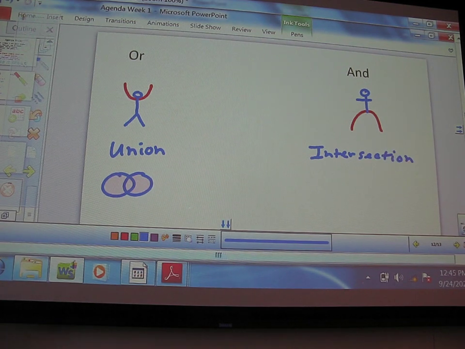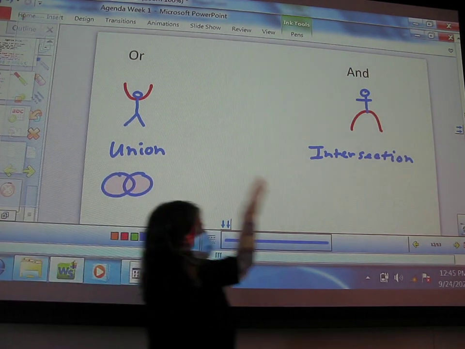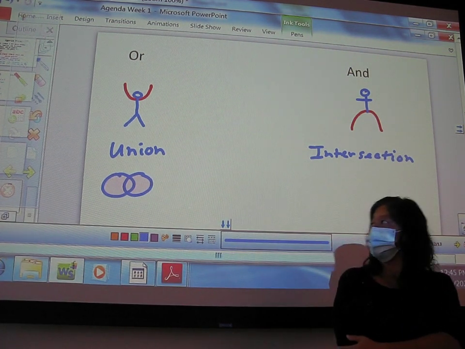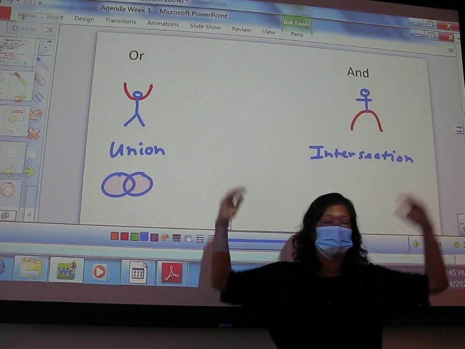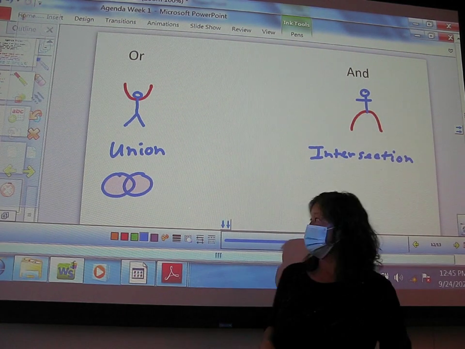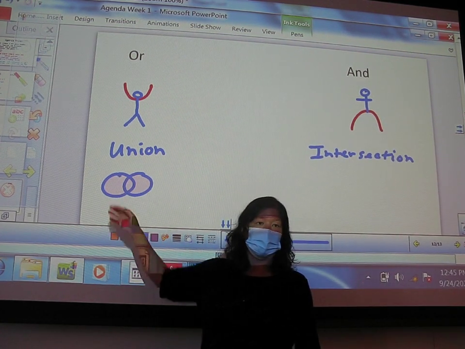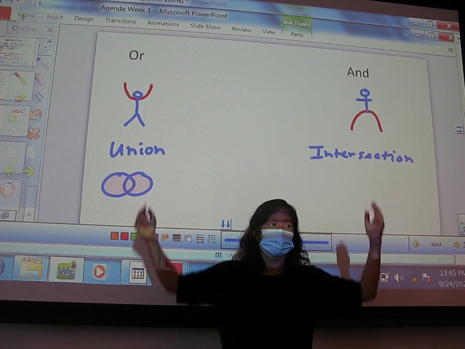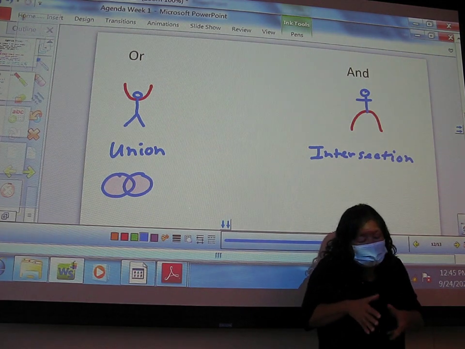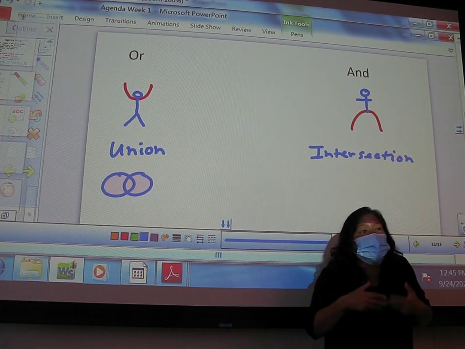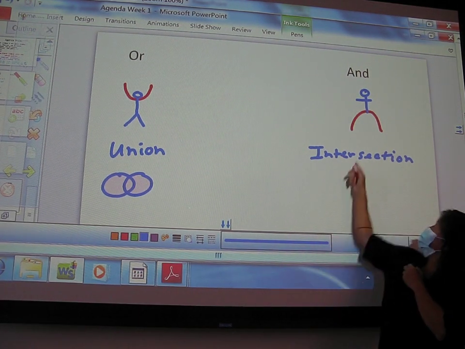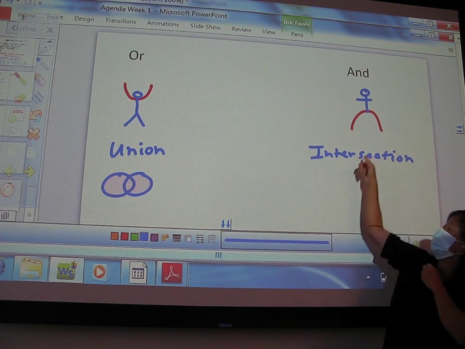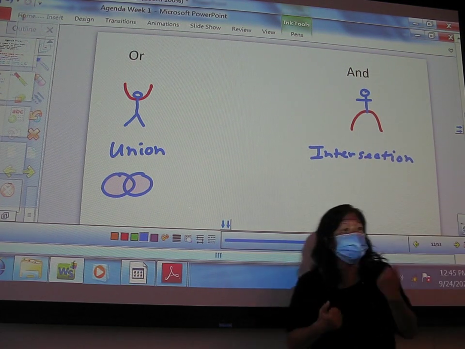Okay. So that's why it's important to kind of delineate these, because people get them mixed up all the time. They keep thinking that or means and, because it means both. Or really means both, the union. And is actually a little more restrictive. It means you have to be in both. If I'm and, then I'm the intersection. You have to be in both of them.